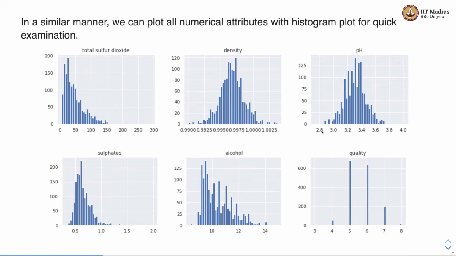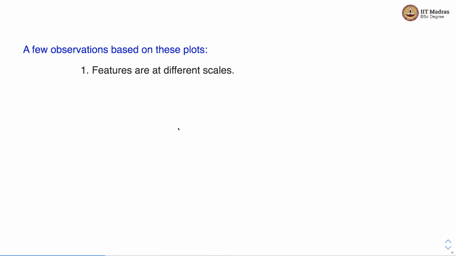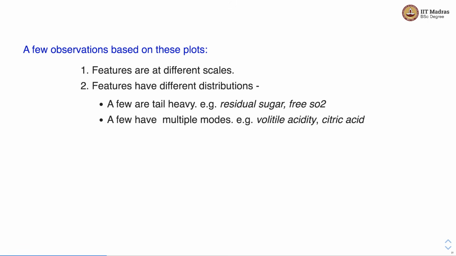Whereas pH varies from 2.8 to 4, sulfate varies from 0.5 to 2, and alcohol varies from maybe 0 to 14. So different features are at different scales and features have different distributions. Some of them are tail heavy like residual sugar and free SO2, and a few have multiple modes just like volatile acidity and citric acid.